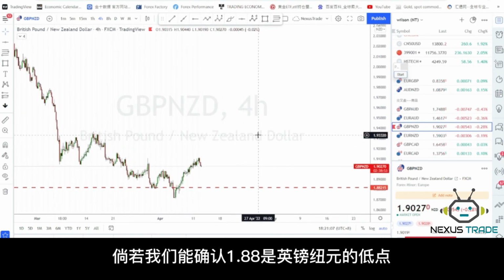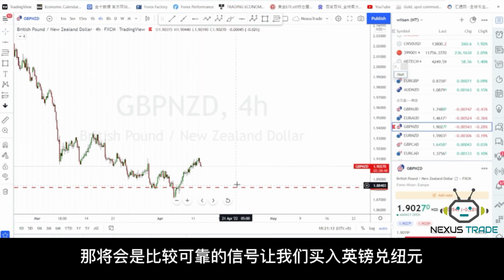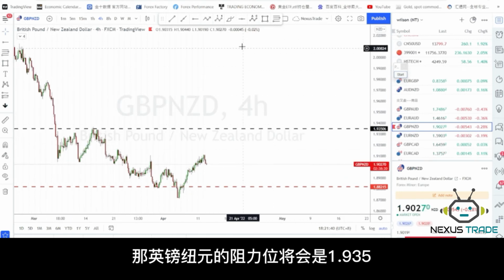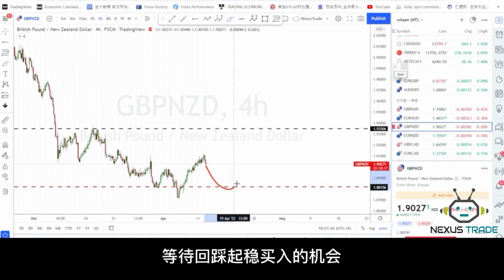If we can confirm 1.88 is the lowest, then it's a solid base. Then we should continue to buy GBP NZD. So the resistance for GBP NZD will be this structure, which is 1.935. So wait for the pullback and continue to buy GBP NZD.